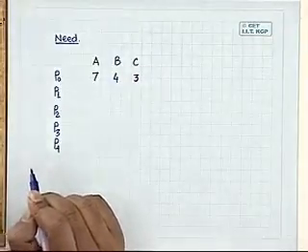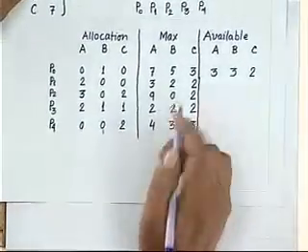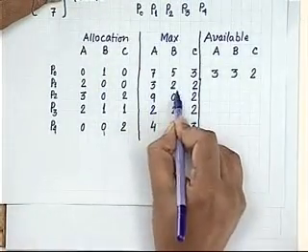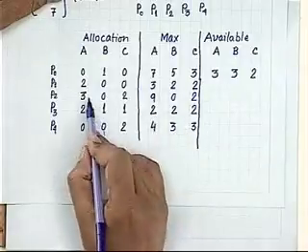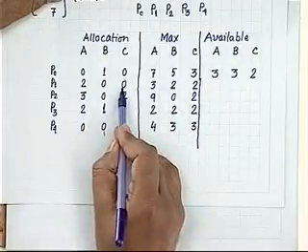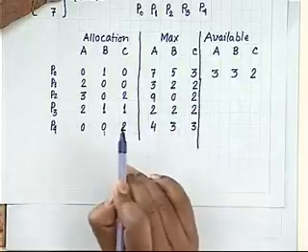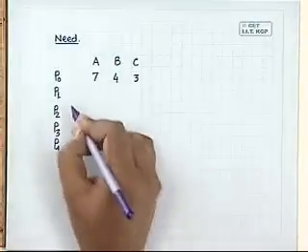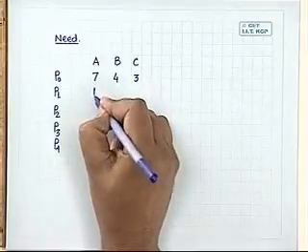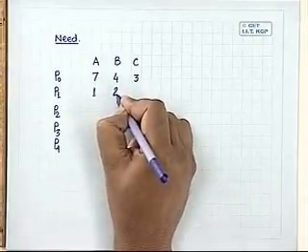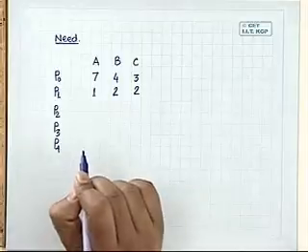Similarly, for P1, the maximum requirement is 3, 2, 2, of which allocated is 2, 0, 0. That means the future need will be 1, 2, 2.